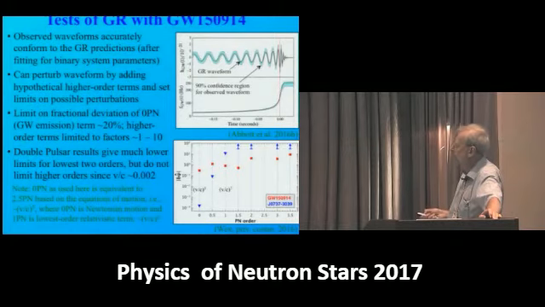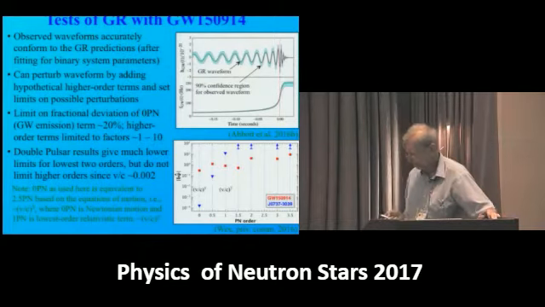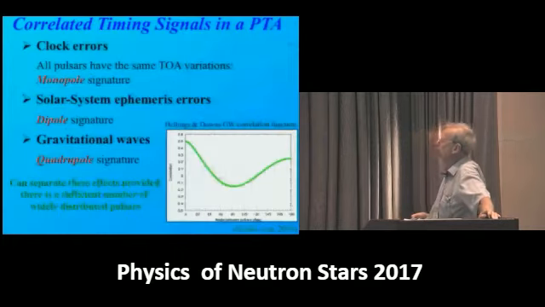And even the second term, which goes as v/c to the 6th, the double pulsar gives a better limit. After that, the GWB gives a better limit because v/c for the double pulsar is relatively small, only 0.002, whereas it's of order 1 for the GWB.